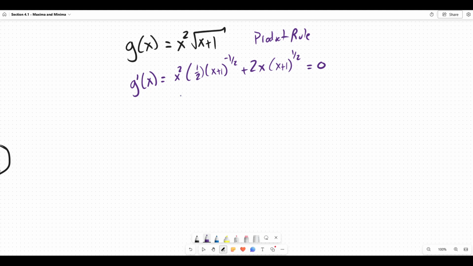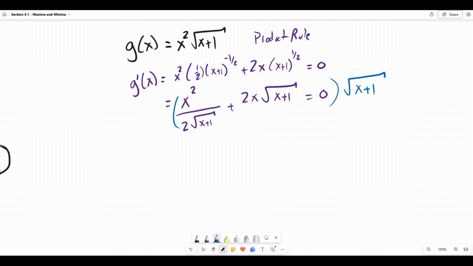This will be x squared over 2 the square root of x plus 1, plus 2x times the square root of x plus 1. Something that we can do is, on both sides of this equation, multiply by the square root of x plus 1.